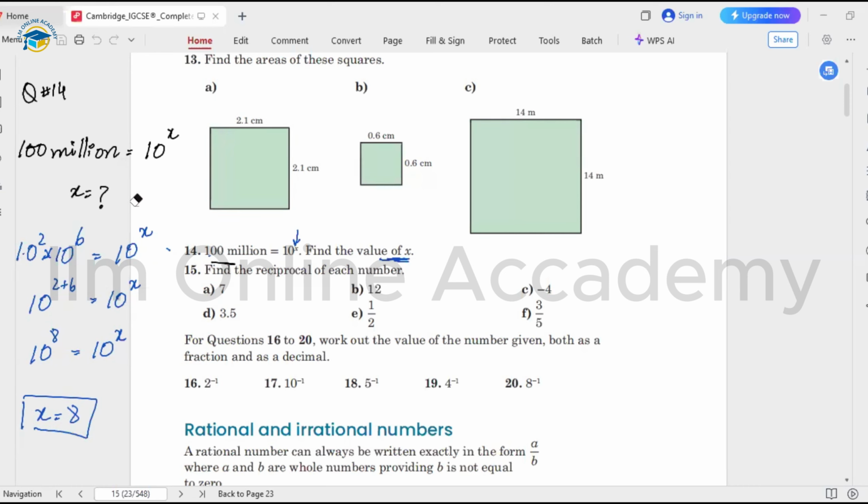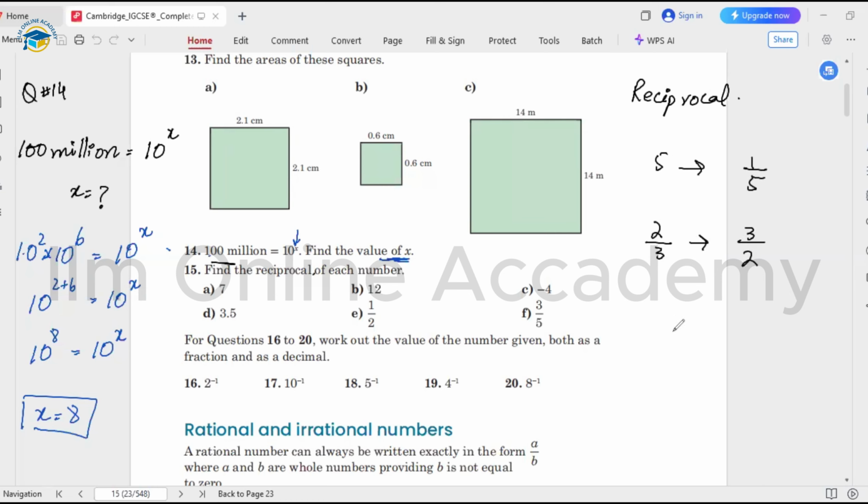Next, moving towards part number 15, in this they are asking to find out the reciprocal of each number. Reciprocal of each number means that you need to basically invert a particular number, or for this, you can use a sign as well. For example, if I have to find out the reciprocal of the number 5, I will write it as 1 by 5. If I need to find out the reciprocal of 2 by 3, I need to invert the number as 3 by 2.